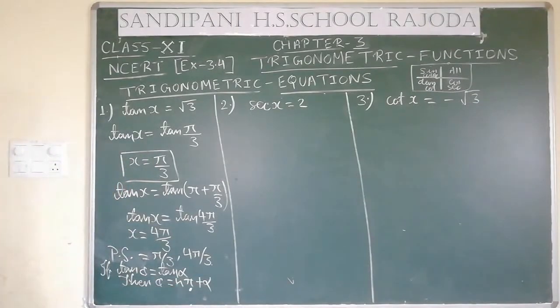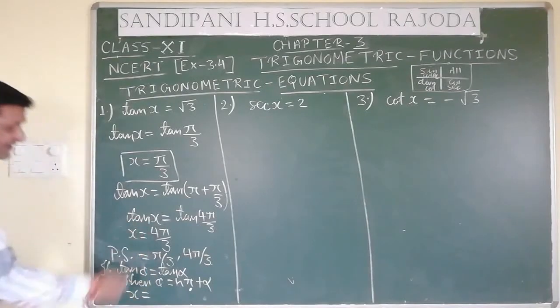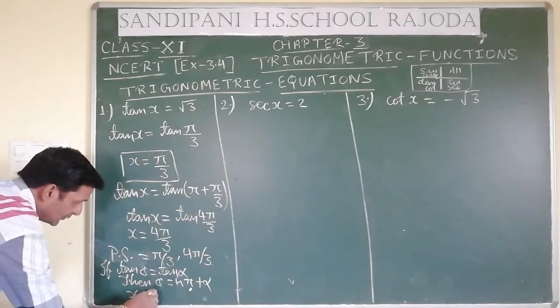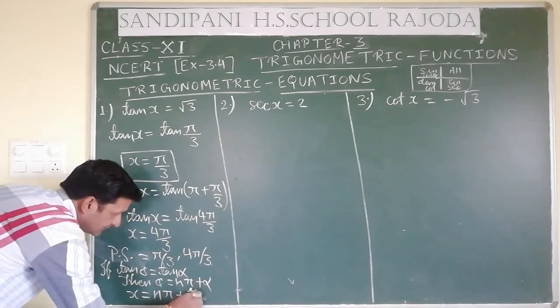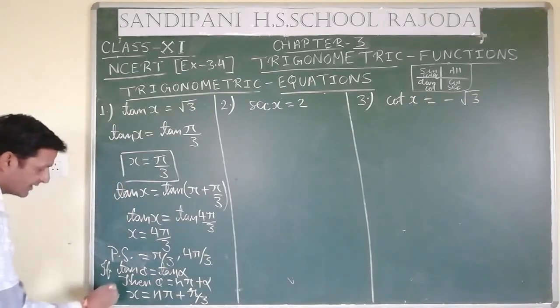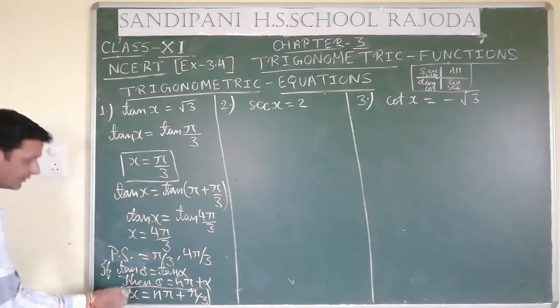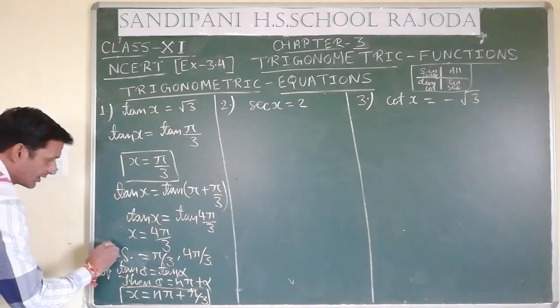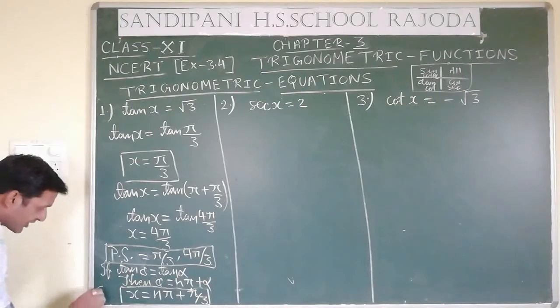So what we conclude here is that, with x in place of theta, x is equal to n pi plus pi by 3. This is the conclusion. It is the principal solution and this one is the general solution.